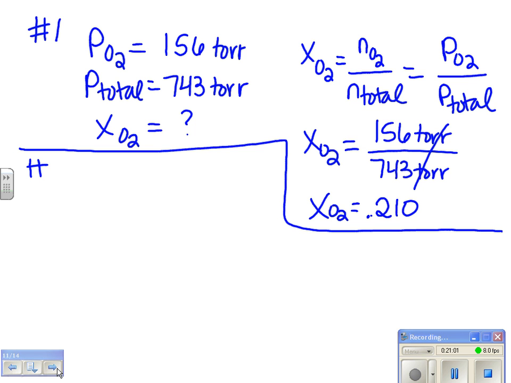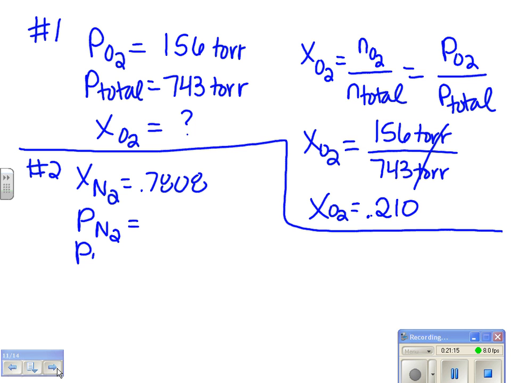Now this time we're given the mole fraction of nitrogen as decimal 0.7808. Again, that's nitrogen in air. It's about right. A little over 3/4 of air moles is nitrogen, which our body inhales and exhales, cannot use. The total atmospheric pressure here is 760 torr, and they're asking you this time to calculate the partial pressure of nitrogen.